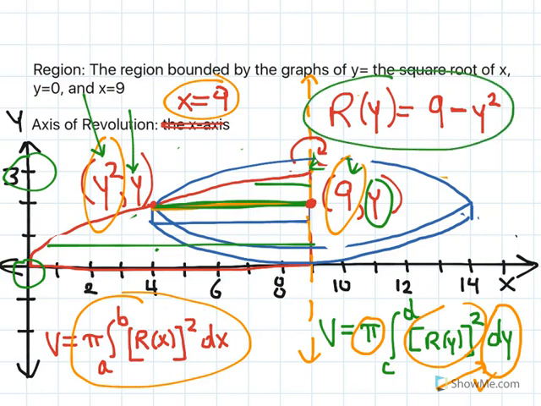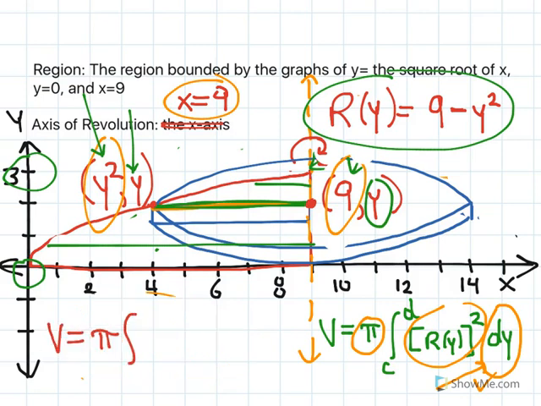We get r of y is equal to 9 minus y squared. The radius of an arbitrary cylinder to approximate our solid of revolution is given by 9 minus y squared, where y tells us where the cylinder is, using the y coordinate, telling us where it is in our region.